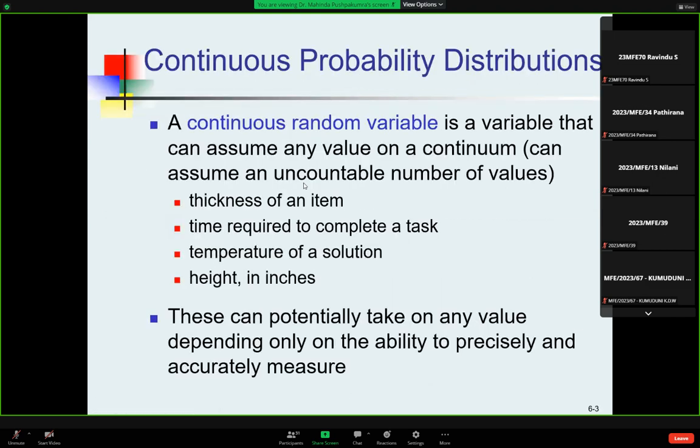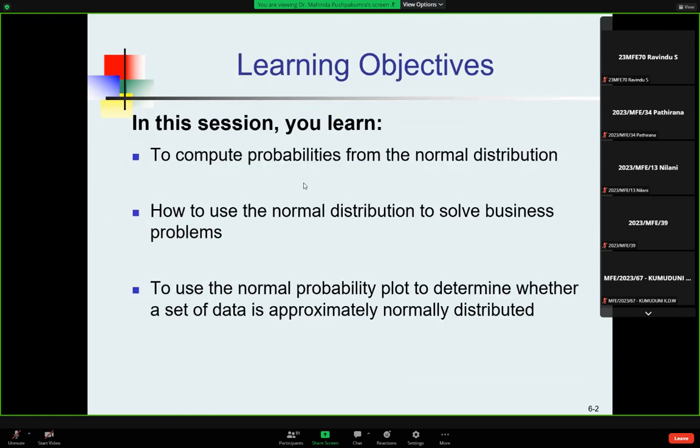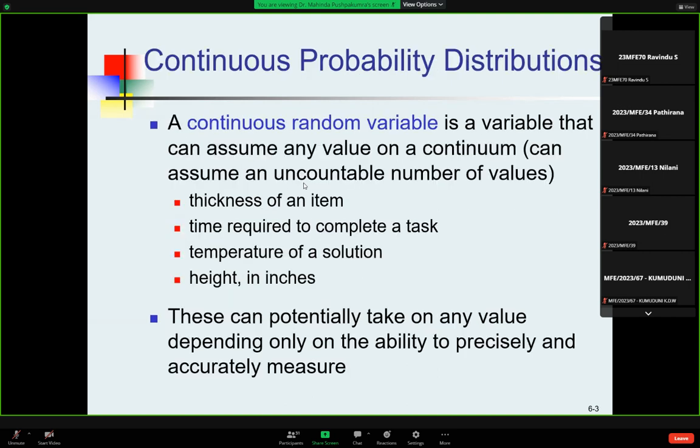Now these are the learning objectives. Then an example for continuous random variable is a variable that can assume any value.